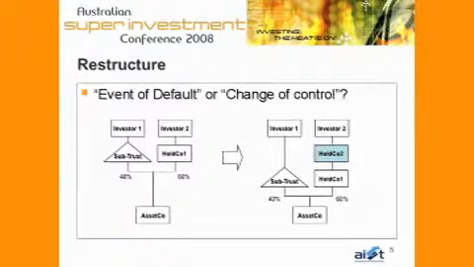Well, in this case, investor 2 and investor 1 continue to hold 100% of Asset Co, and more relevantly, investor 2 continues to hold 60% of Asset Co, notwithstanding the fact that it holds Asset Co through 2 holding companies rather than 1. So in our example, there is no change of control, but there is a triggering of the preempt.